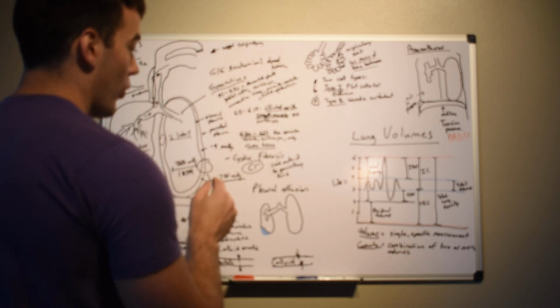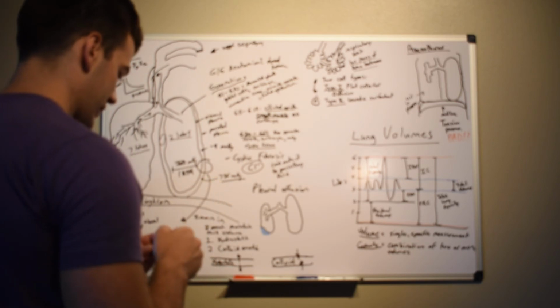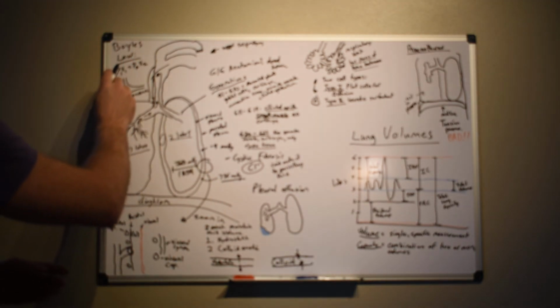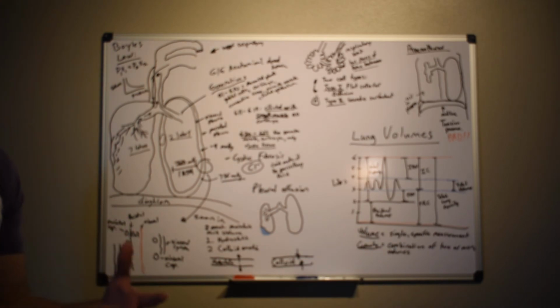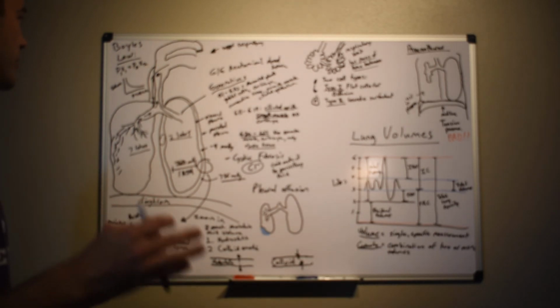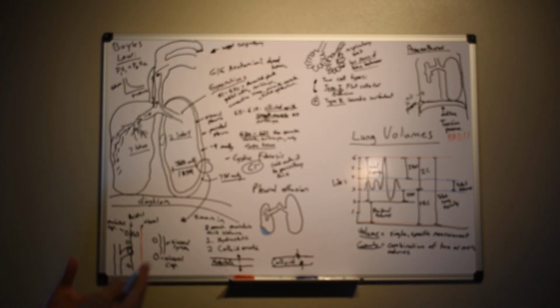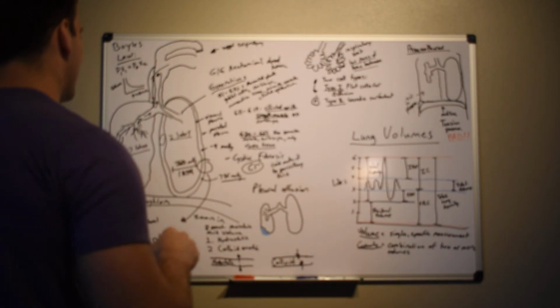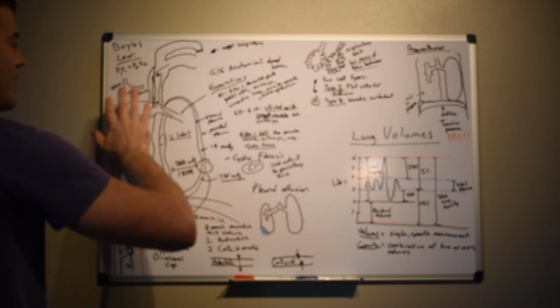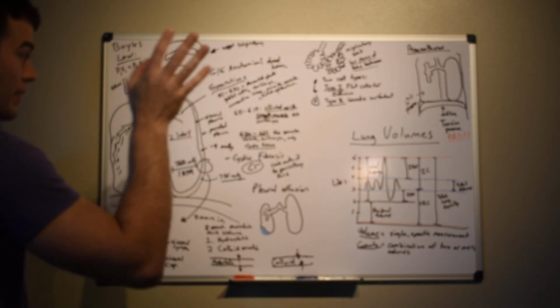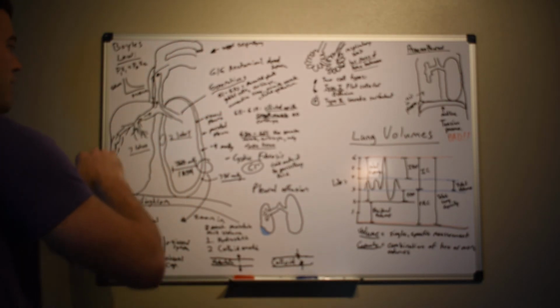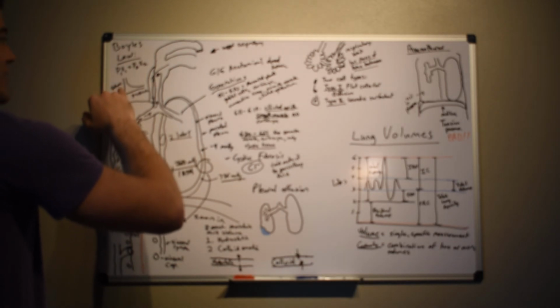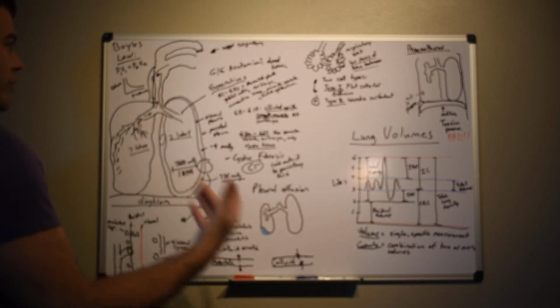But that is an important distinction, because from Boyle's law, we understand that, and the entire respiratory system is going to operate off of Boyle's law, so fair warning, it's going to be a lot to learn. Boyle's law basically states that, going back to freshman chemistry, as our volume decreases, our pressure increases, or vice versa.